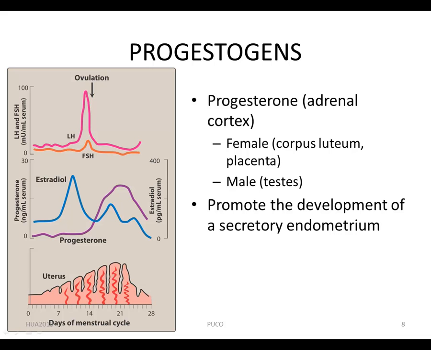In females, progesterone promotes the development of a secretory endometrium that can accommodate implantation of the newly forming embryo. The high levels of progesterone that are released during the second half of the menstrual cycle, the luteal phase, inhibit the production of gonadotropin and therefore prevent further ovulation.